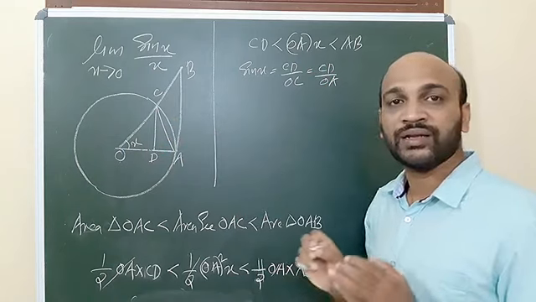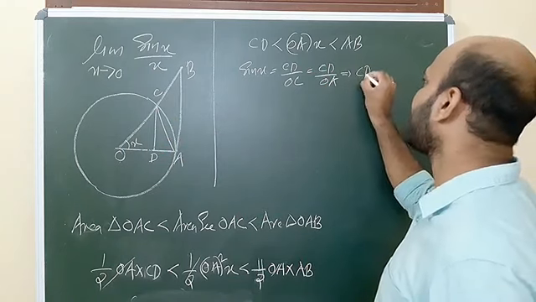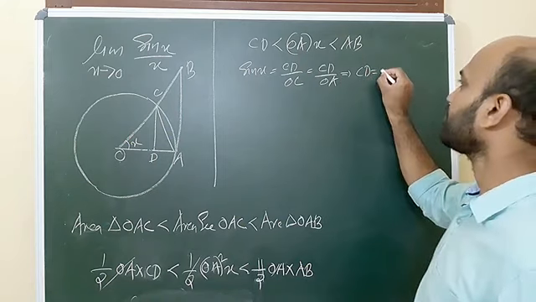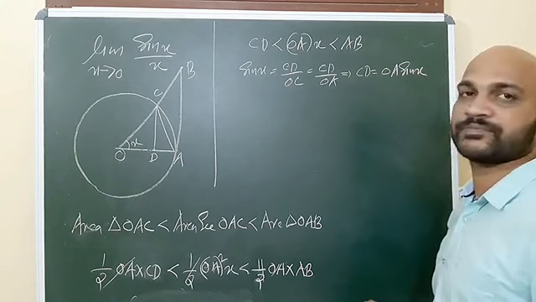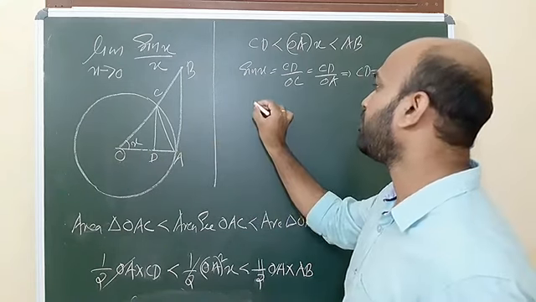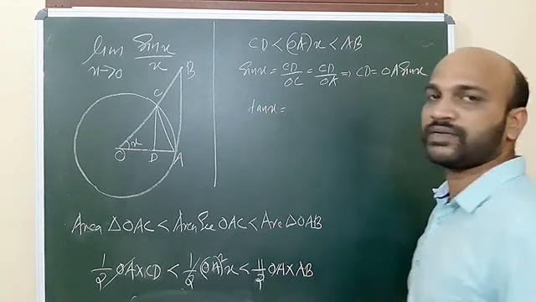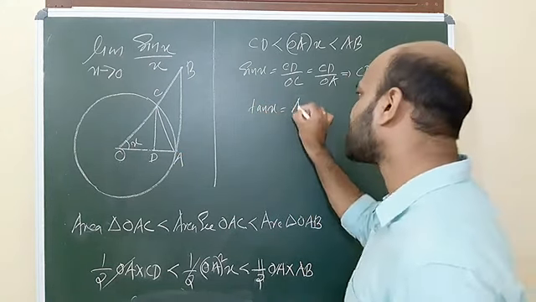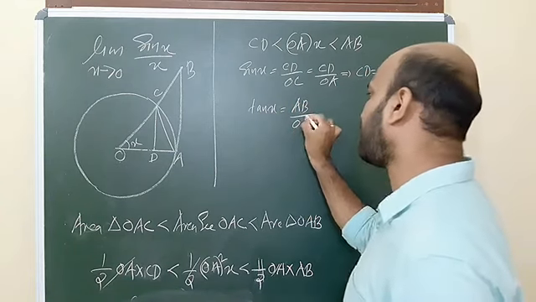OC and OA are radii. So we get CD equal to OA into sin x. Now for the triangle OAB, what is tan x? Tan x equals opposite by adjacent, that is AB by OA.